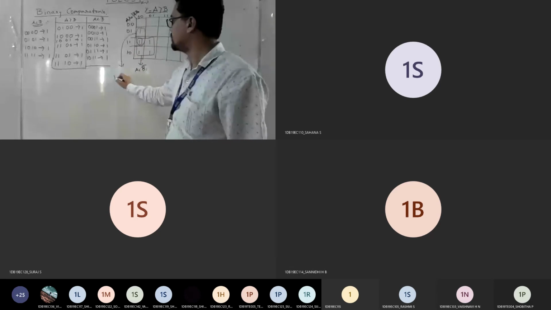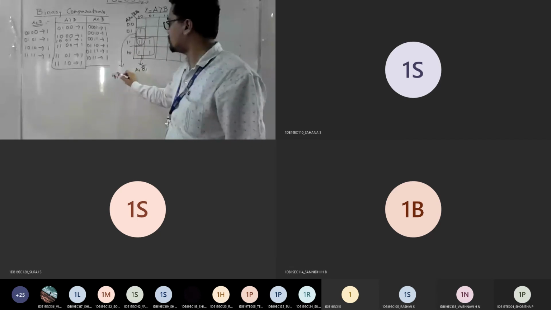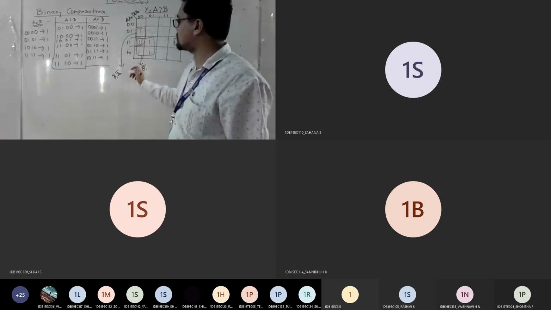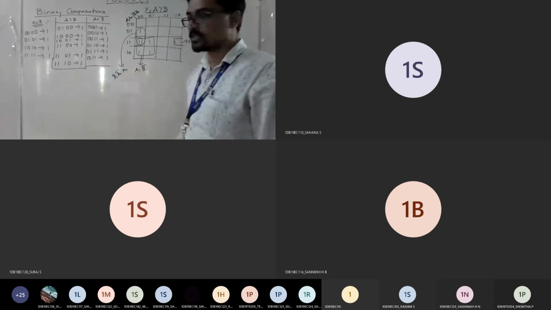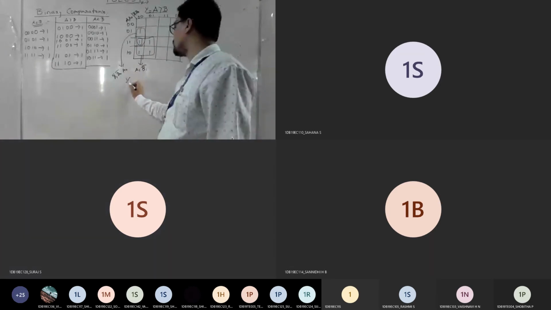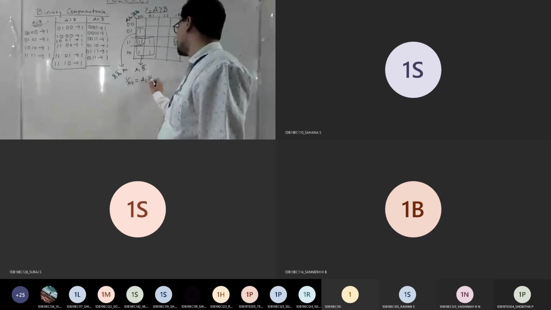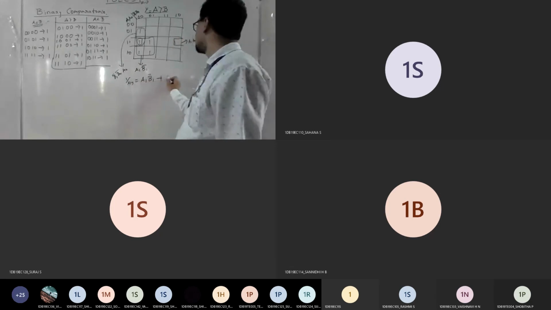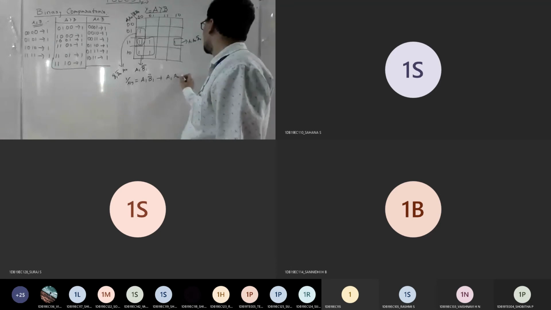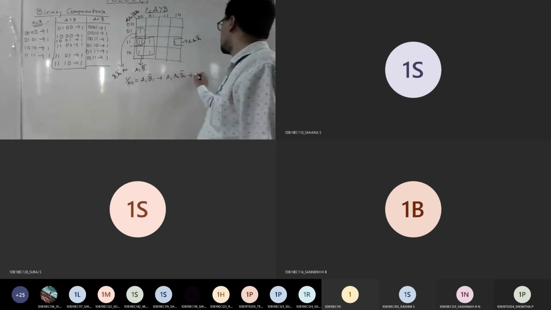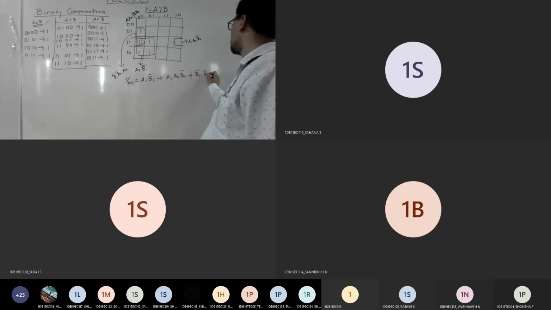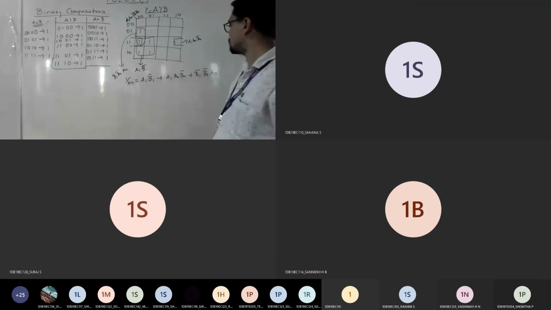From these two, I can write B1 bar, B0 bar as it is, and the common term is A0. So the expression for Y equals A greater than B is A1 B1 bar plus A1 A0 B0 bar plus B1 bar B0 bar A0.